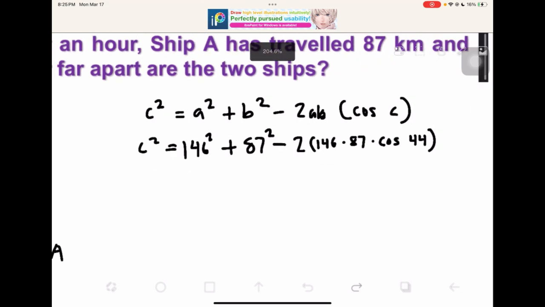Let's plug that really long equation into our calculator. 146 squared plus 87 squared minus 2 times 146 times 87 times cosine 44, with double parentheses. That's it. We'll have our answer over there.